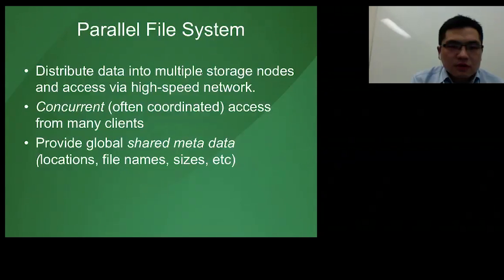In high performance computing, we use a so-called parallel file system to gain high performance. The idea is that we split data and distribute them into multiple storage nodes and access them via a high-speed network, so we can access the multiple storage nodes concurrently in parallel.